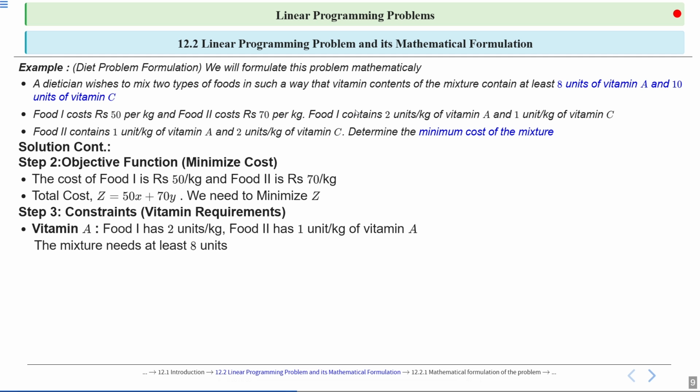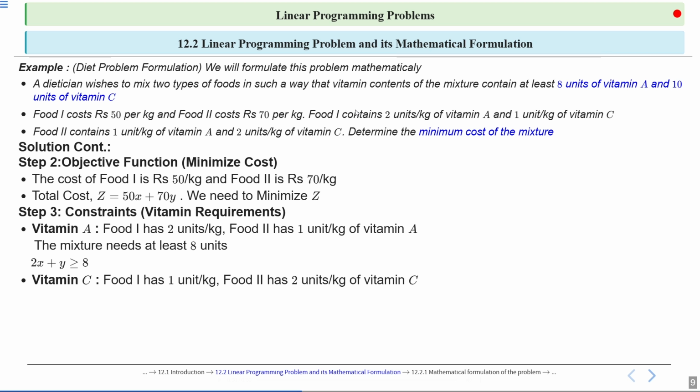The mixture must have a minimum of 8 units. So this is an inequality: the mixture needs at least 8 units, that is 2x plus y is greater than or equal to 8.